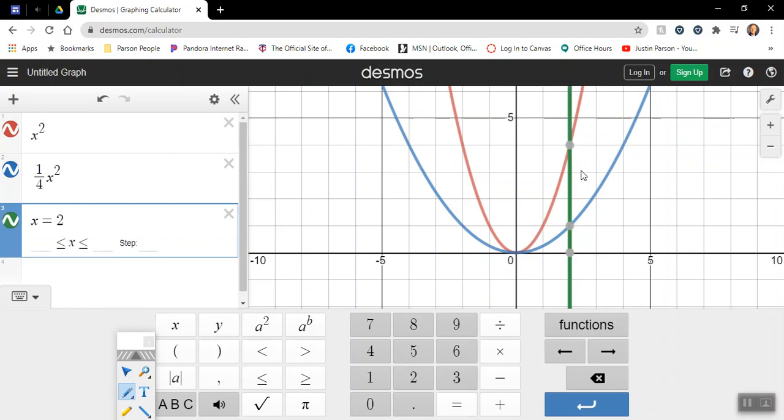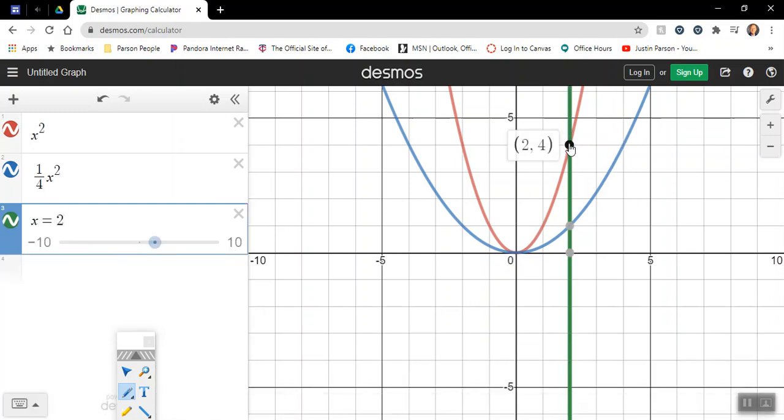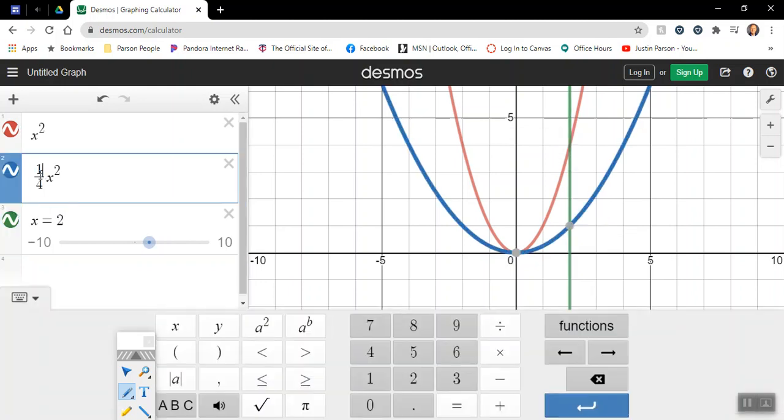Well, right here, what point do I have here on the original x squared? You would say it's 2 comma what? What's 1/4 of 4? 1. Okay. Does it look like this shrunk closer or got pushed closer to the x-axis right here? And it makes sense that it would shrink because this value right here, is that more or less than 1? One fourth is less than 1, right?